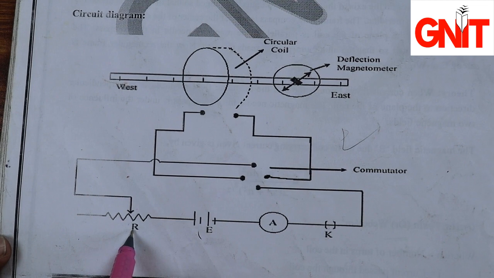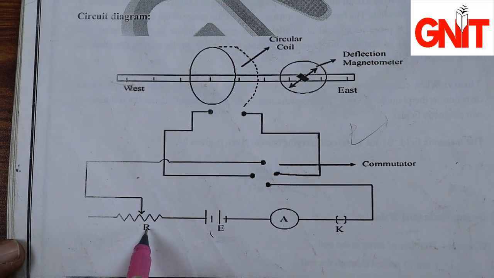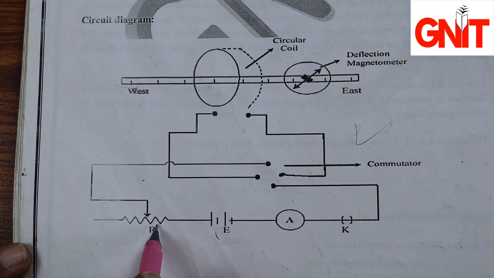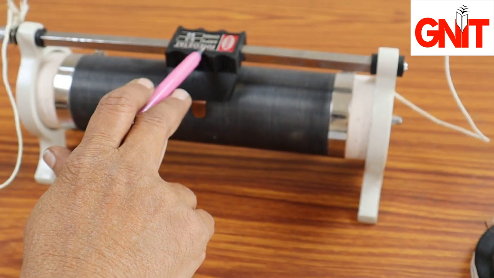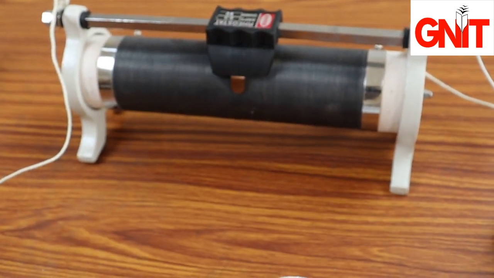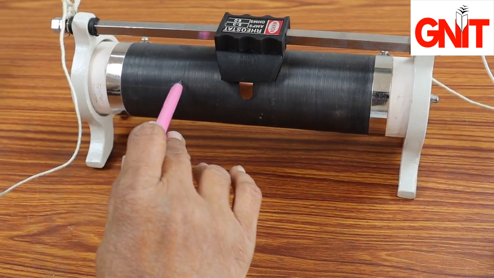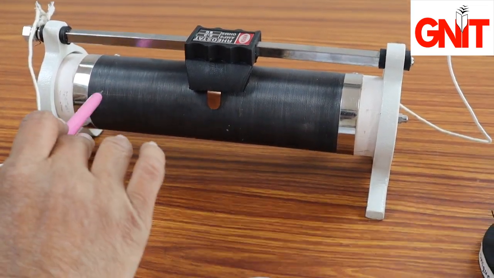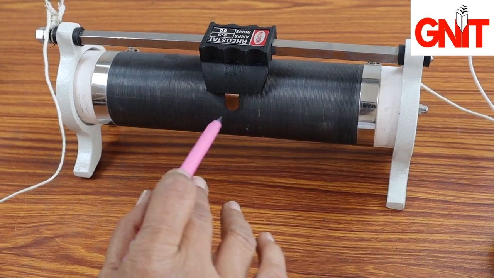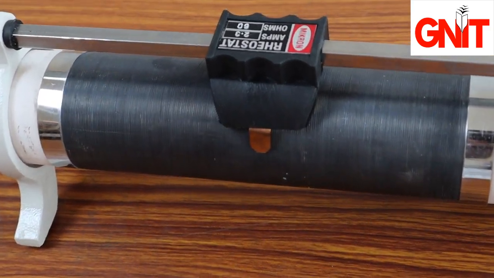Now you can see the symbol R here. This is called a rheostat. The instrument looks like this. On this you can see a fine wire which is wound on a cylinder. This is a cylinder, and you have a sliding contact here.